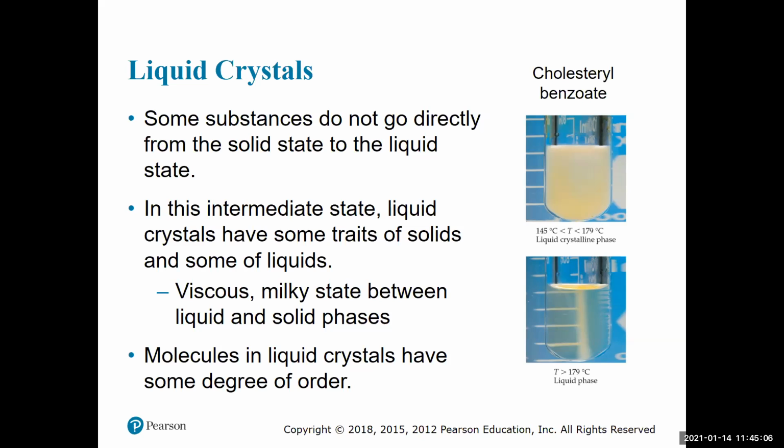What's going on there is that the molecules have order to them. You'll see some pictures in a few moments which make that clearer. Liquid crystals were first discovered when some people were working with cholesterol years ago, which apparently has some liquid crystal type properties.